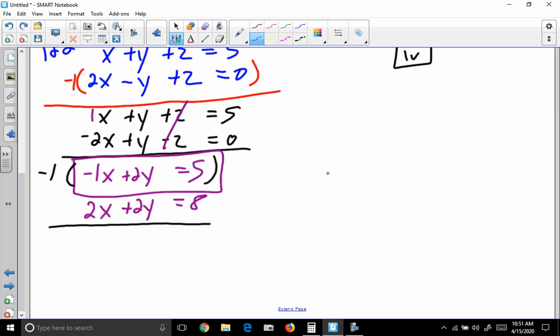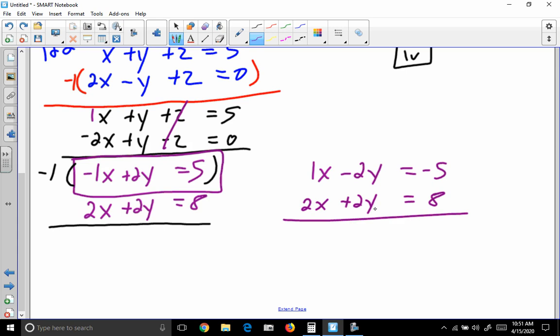Negative times negative is positive 1x, negative times positive is negative, and on the other side, negative times positive is negative. And we're just going to bring down the second equation because now the y's are opposite. So if we add these equations together, the y's cancel. 1x plus 2x is 3x. 8 minus 5 is 3. So if we divide both sides by 3, we get that x is 1.